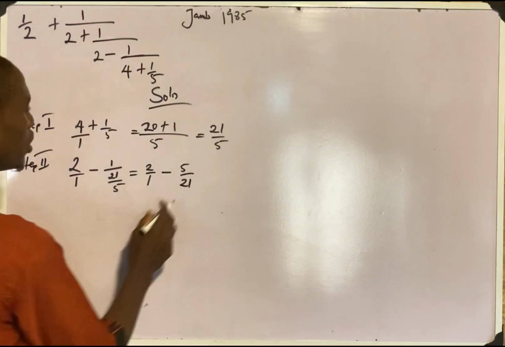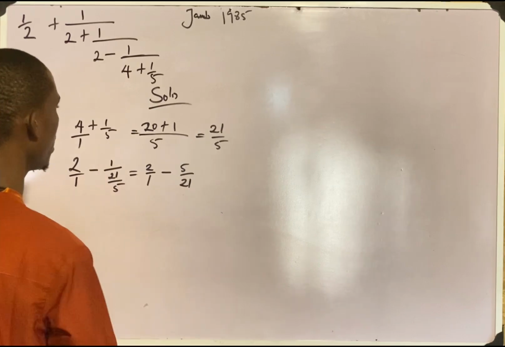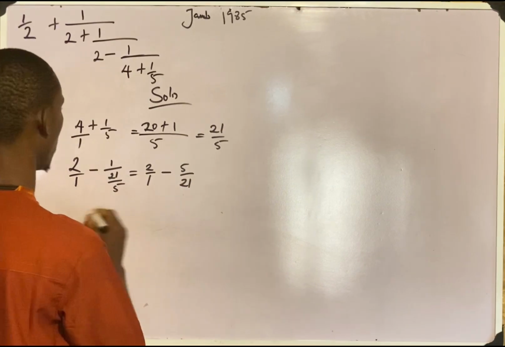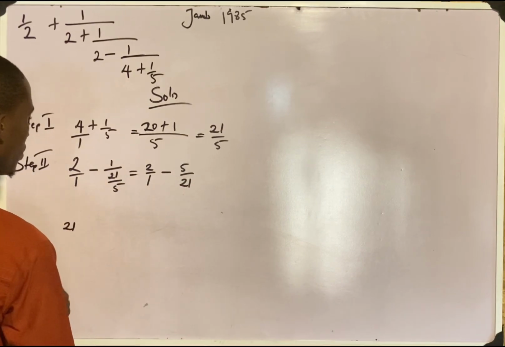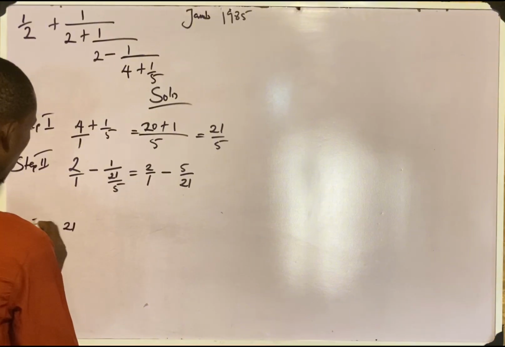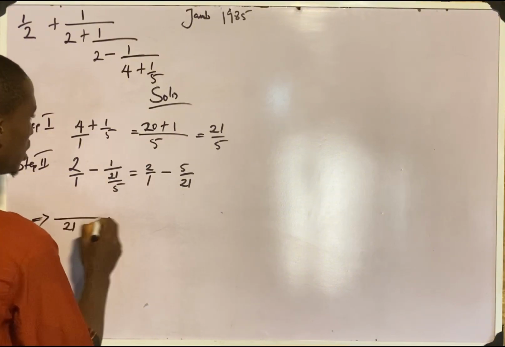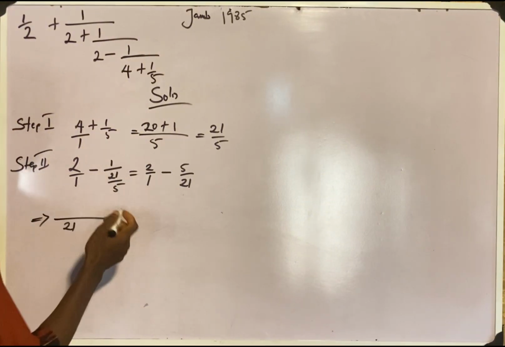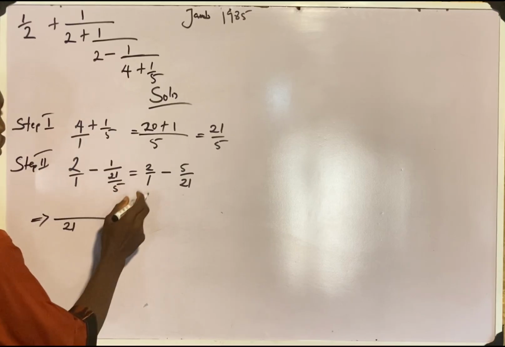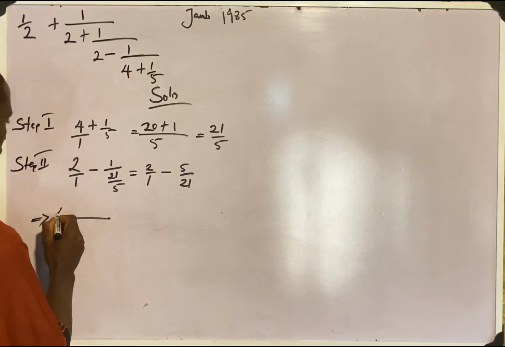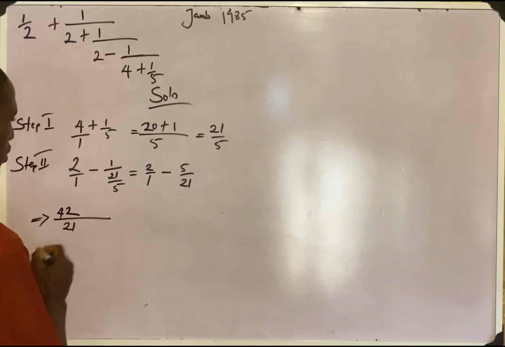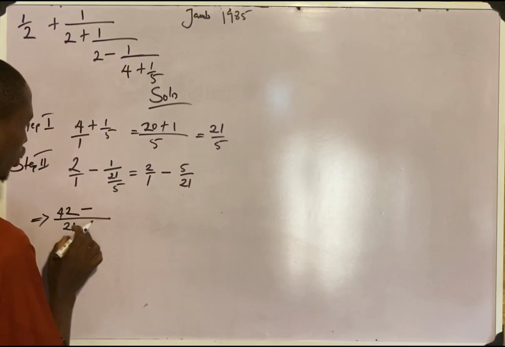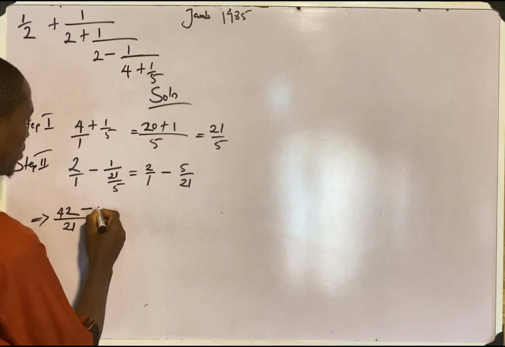Right? So here now, our LCM will be 21. Then 1 going into 21 is 21, 21 times 2 is 42, minus 21 going into 21 is 1, times 5 is 5.